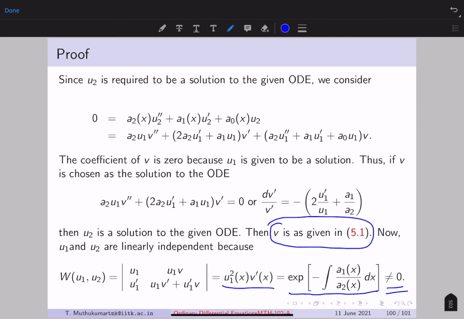So we were given u1, and we found a u2 which is a linearly independent solution of the given ODE. This is the technique of reduction of order.